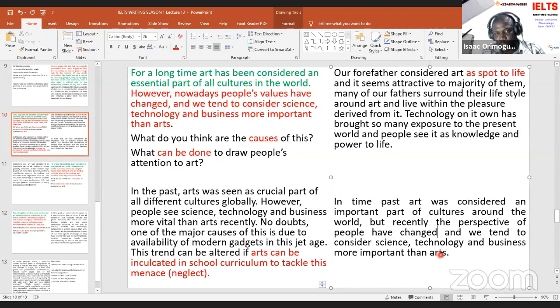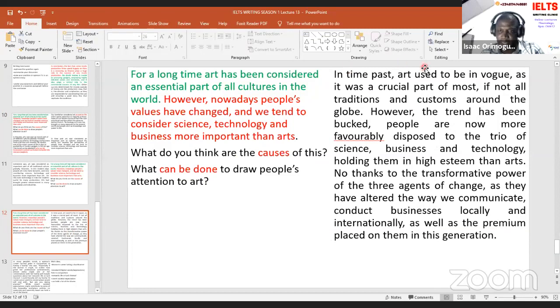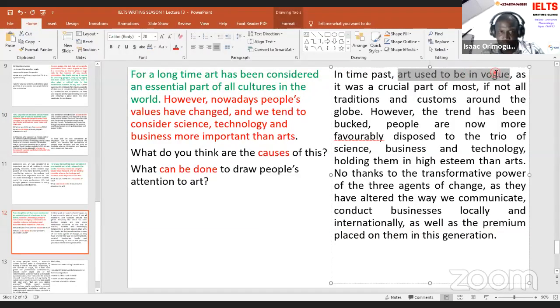But if you want to go to the next level, you have to start asking, how can I bring in things like: art used to be in vogue, as it was a crucial part of most, if not all, cultures, traditions and customs. These are alternate words and synonyms. However, the trend has been bucked.